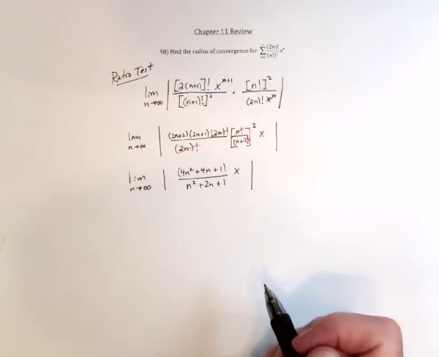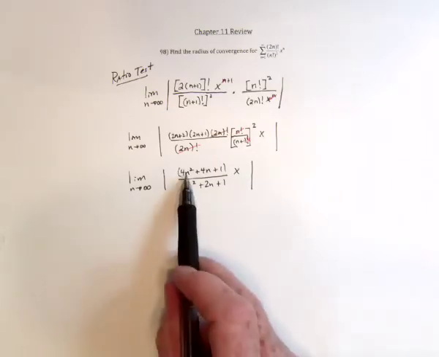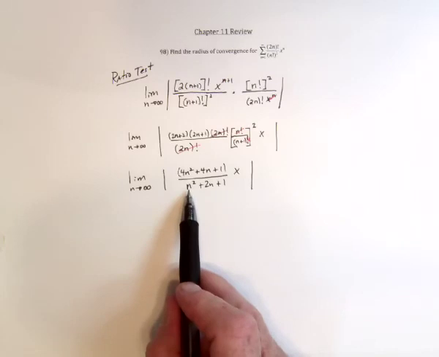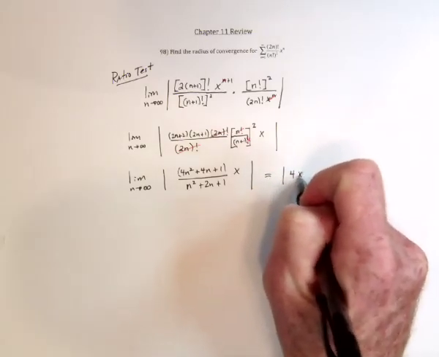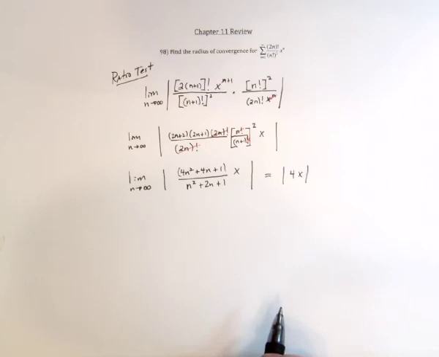Now if you take the limit as n goes to infinity, then this and this tell you what's going to happen with the n's. It's going to be 4n squared over n squared, that's a 4. Or you could do L'Hopital's rule twice, and you'll end up with the same thing.